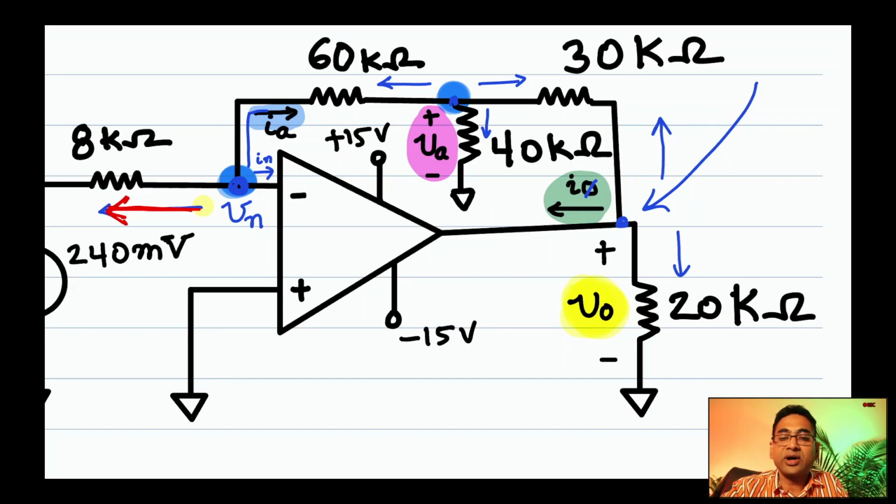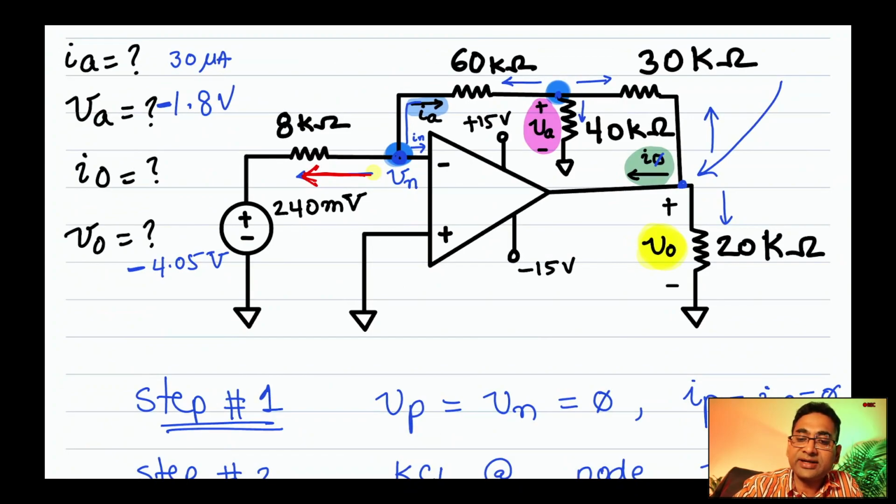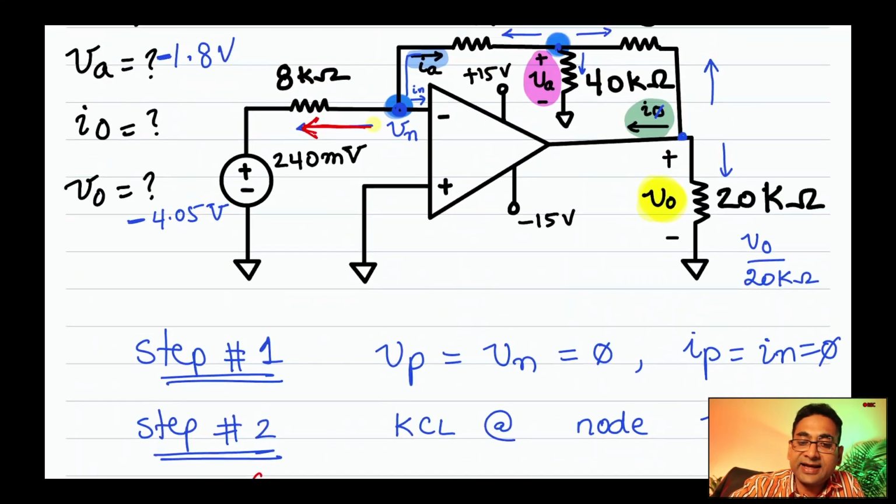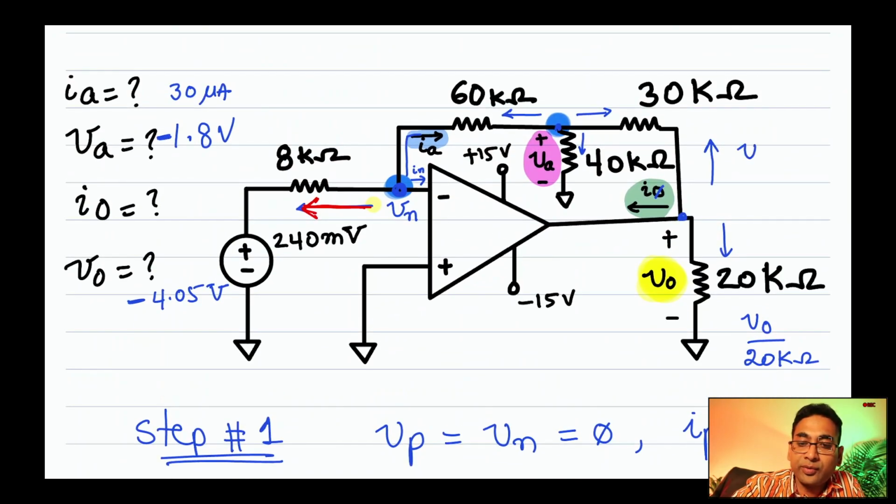Here the current going south is VO minus ground 0 by 20 kilo ohms. Current going north is VO minus VA over 30 kilo ohms.